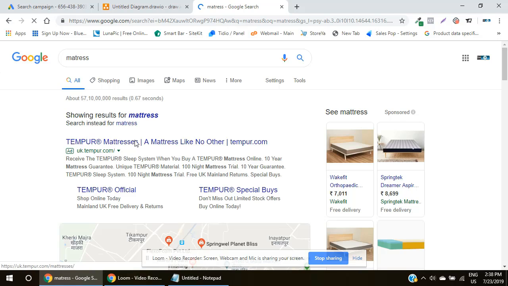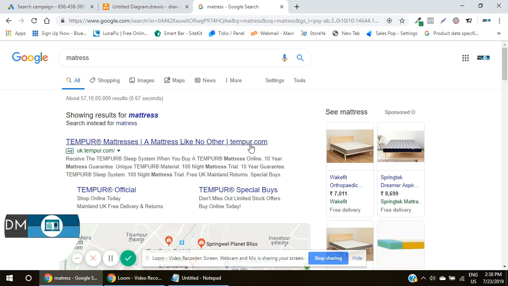So this is the ad. You set up this kind of ad. Tempur mattresses, a mattress like no other. Tempur. Receive the Tempur sleep system when you buy a Tempur mattress online. 10-year mattress guarantee. Unique Tempur material. 100-night mattress trial. So this is the ad that you set up under the ad section.